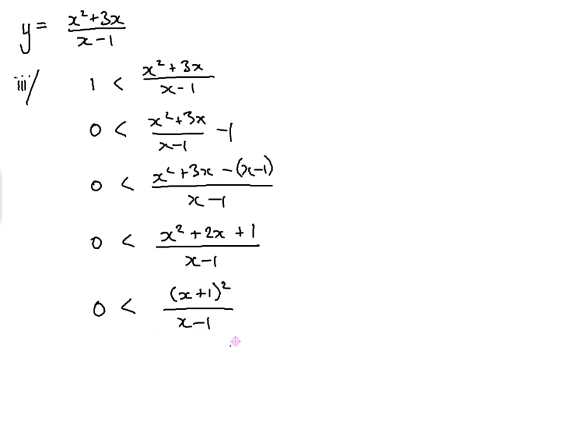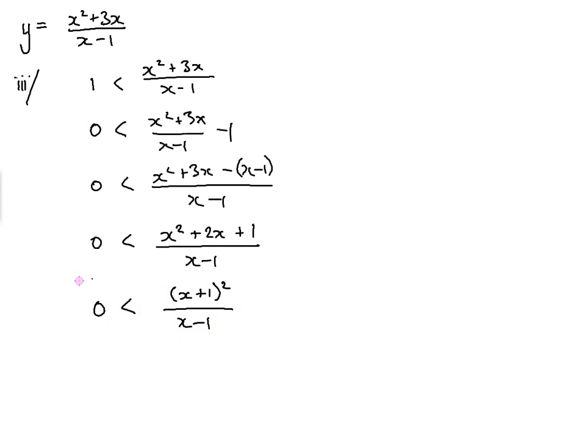Now, where is this whole thing bigger than 0? Or when is it positive? This number here is always bigger than or equal to 0, so it's never going to be negative because of this one. What might happen? Well, this one could be negative, or this one could be positive. If this one is positive, the condition is met. If this one is negative, the condition is not met.